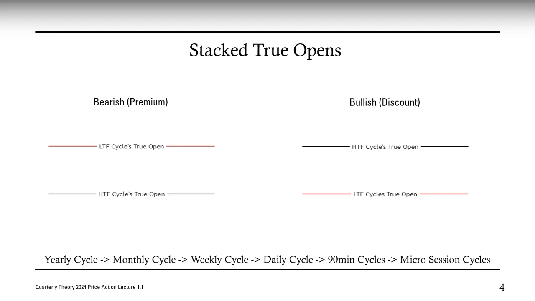You'll be looking to buy below a lower time frame cycle's true open, which is located below a higher time frame true open. Right? So if you're looking at the 90-minute cycles to trade, which for 90-minute cycles you need the 5-minute time frame, right? Write this down. You need a 5-minute time frame when looking at 90-minute cycles.